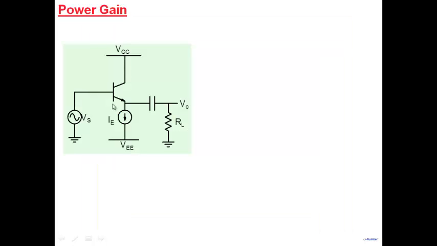I had hinted earlier that we call this circuit an amplifier mainly because it doesn't give us a voltage gain but provides us with a power gain. We can see very clearly the power taken from the input source is Vs squared by 2 Rn, because Rn is the net resistance seen here.